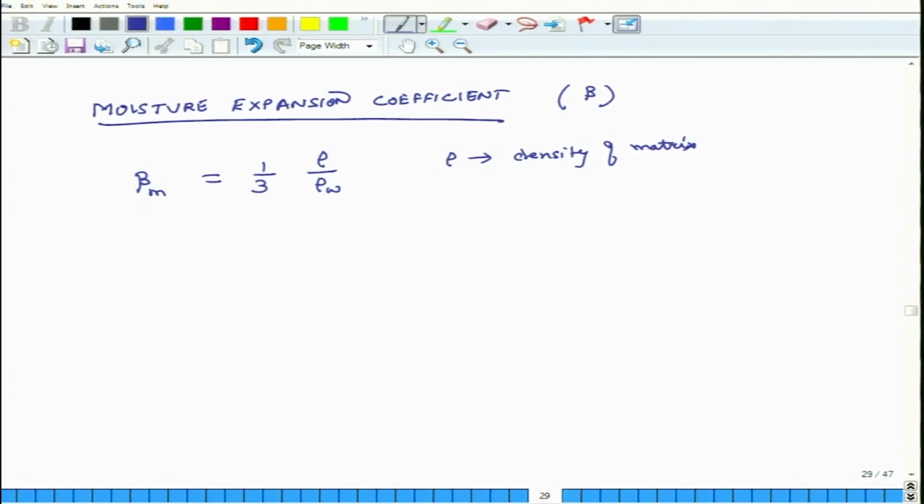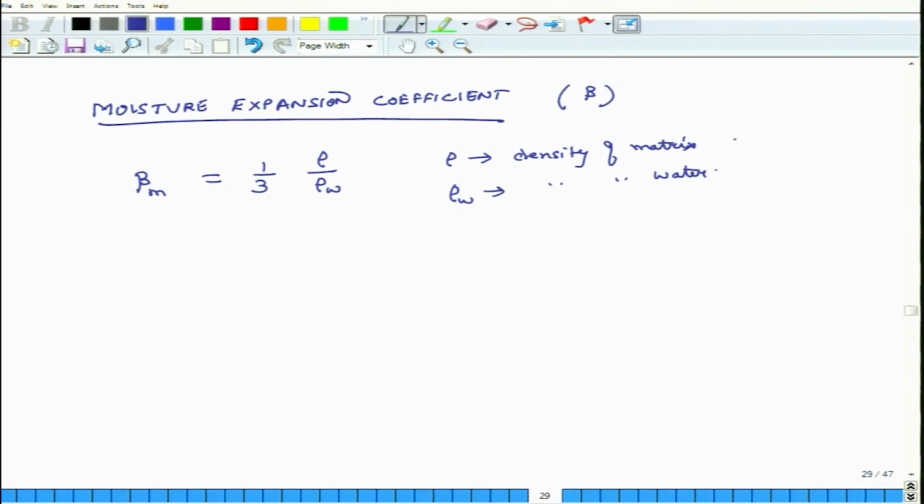Okay. So, if it absorbs more moisture, beta will become larger and so on and so forth. And rho W is density of water.